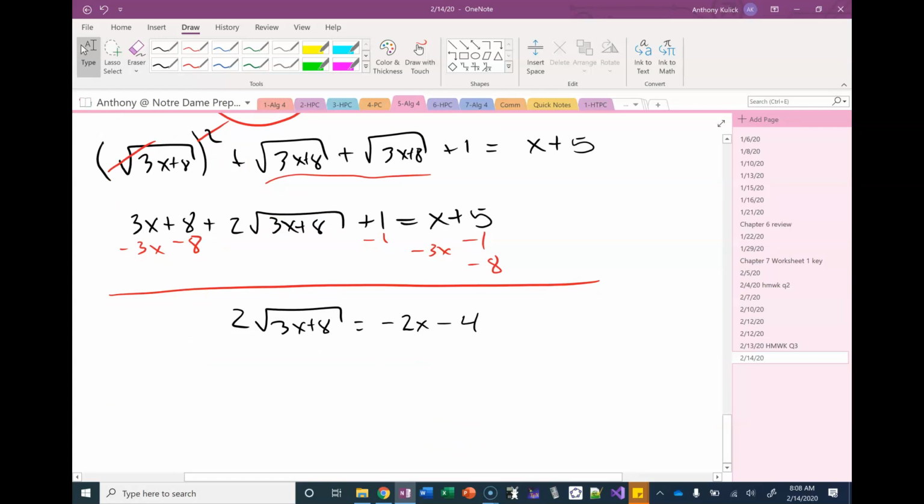Okay there. And there's still one more thing to do to isolate this radical. I still got to get rid of that coefficient of 2. So I'll divide both sides by 2. So negative 2x divided by 2 is negative x. And negative 4 divided by 2 is negative 2.